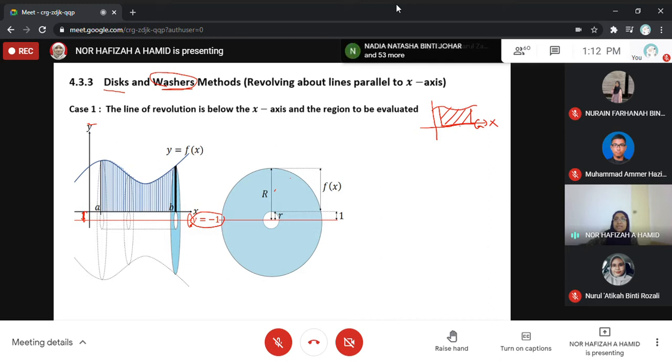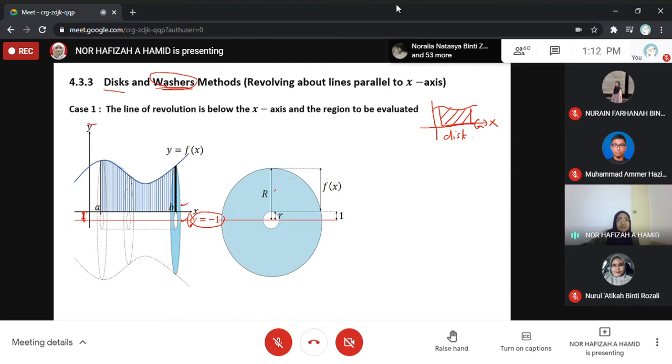Okay, so dia tak ada gap between shaded region and axis of the revolution, then we need to solve using this method. Okay, so kalau you ada gap between shaded region and axis of revolution, then we need to solve using washer. Okay, so untuk case 1 ni dia bagi example for washer lah. Tapi case 1 ni sebenarnya dia boleh apply juga untuk this. Tapi untuk example ni dia bagi in terms of washer method.